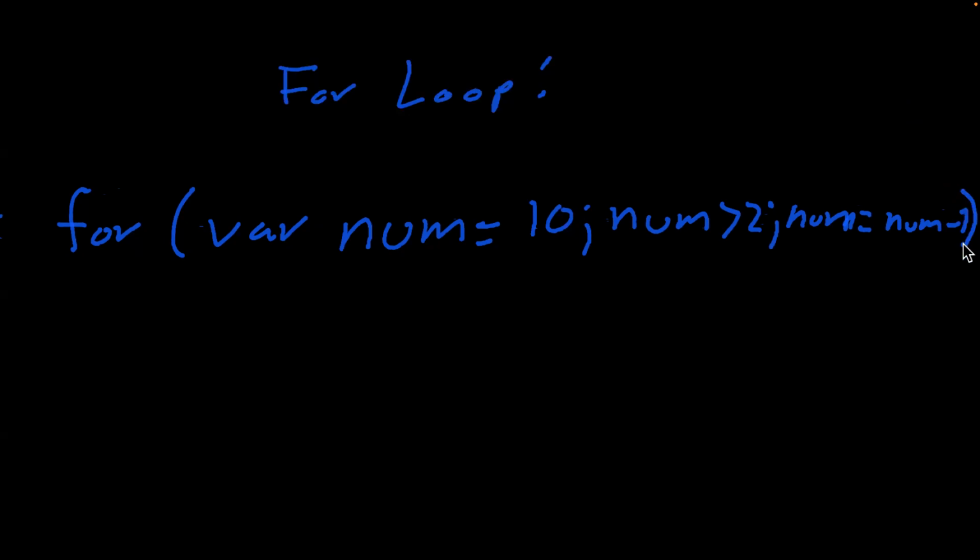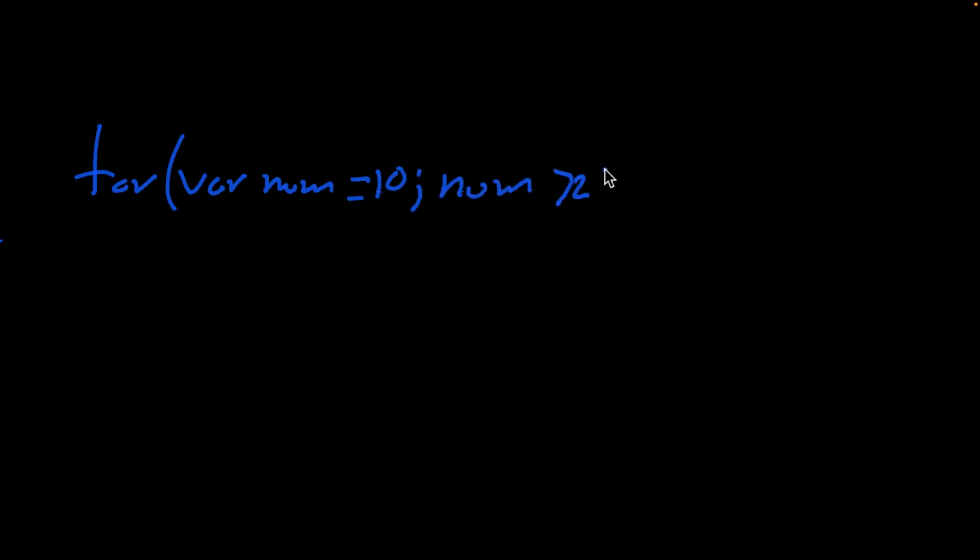And then we have this here. Let me write this over. I really got to get this down. For var num equals 10. Num is greater than 2. Num equals num minus 1.